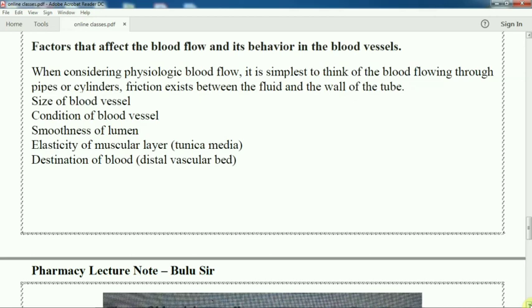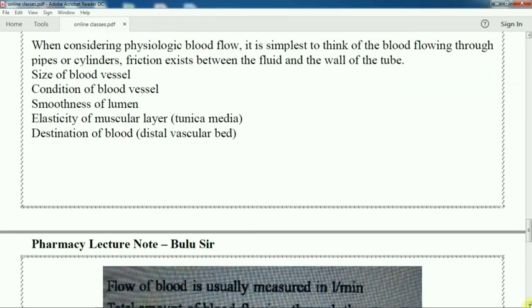So what are the other factors involved, like size of the blood vessel, condition of the blood vessel, smoothness of the lumen, elasticity of the muscular layer, and destination of the blood vessel. See in the figure.